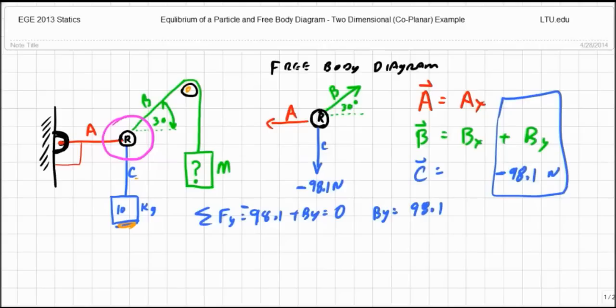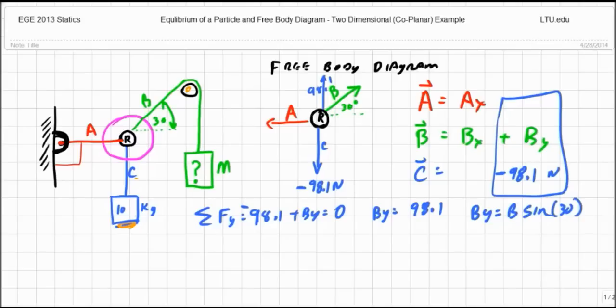So it tells me that B y equals 98.1. If I know that B y is equal to 98.1, I can calculate B from that force and that angle. I know that B y equals B times the sine of 30.